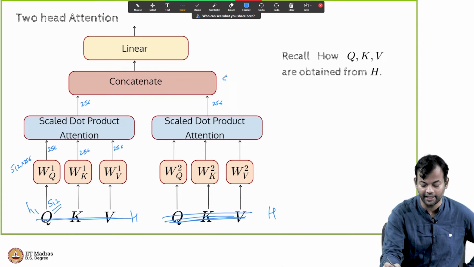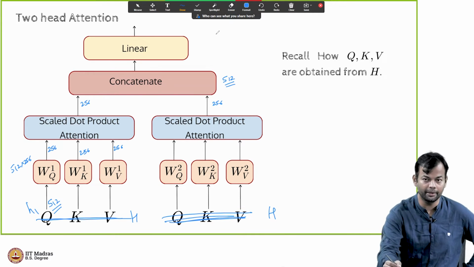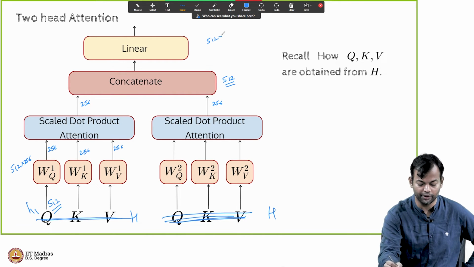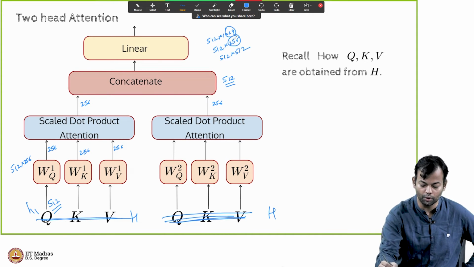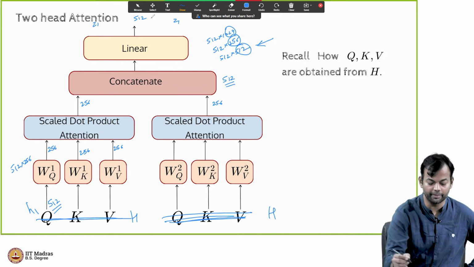Now when they concatenate, I again get a 512 dimensional output. And this I could again pass through whatever transformation I want. For example, I could choose a 512 cross 1024, I could choose a 512 cross 256, or I could choose a 512 cross 512. And depending on that, I will know what my output dimension would be. If I choose this, then my final Zs coming out of here would be 512 dimensional.